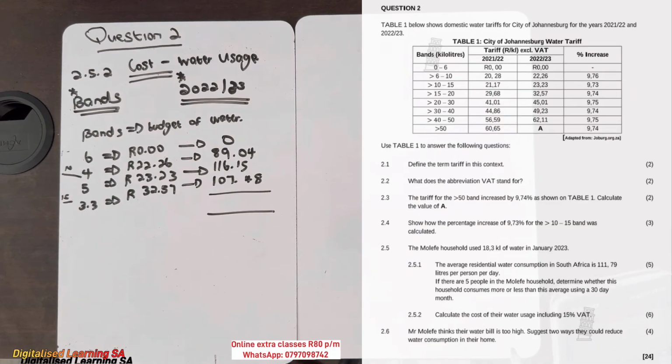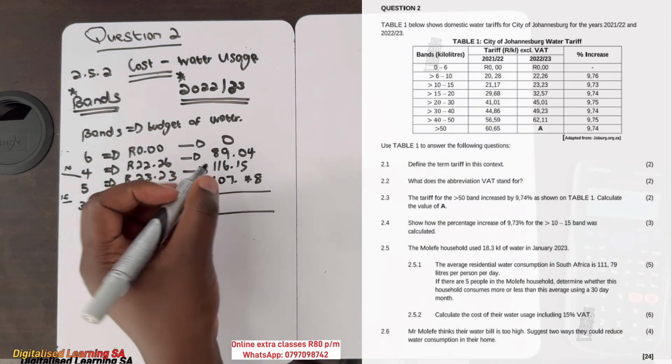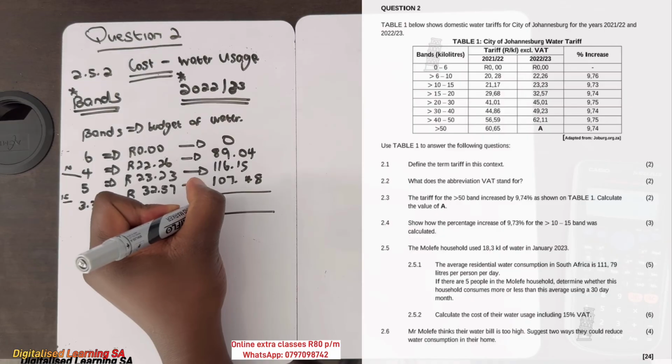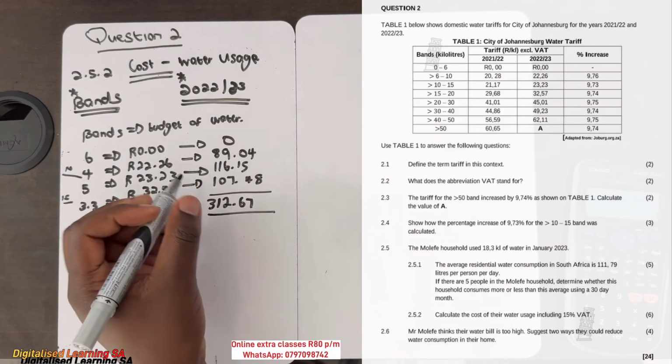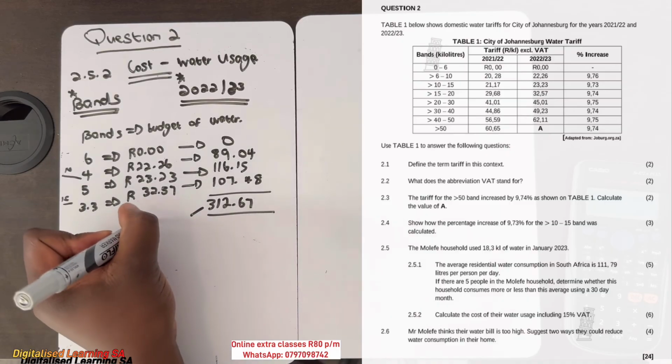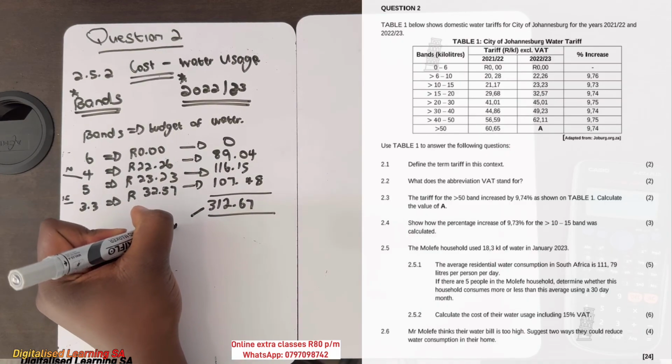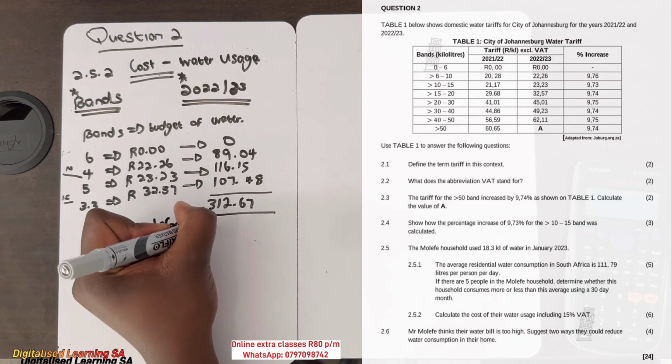So it's 89.04 plus 116.15 plus 107.48. So we will have 312.67. So this is the cost before VAT.